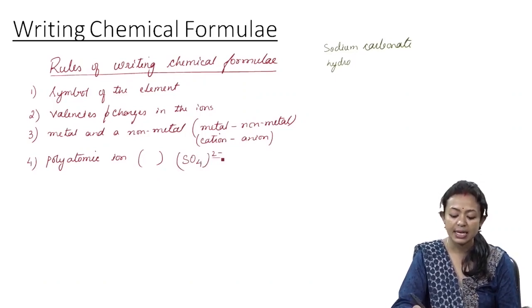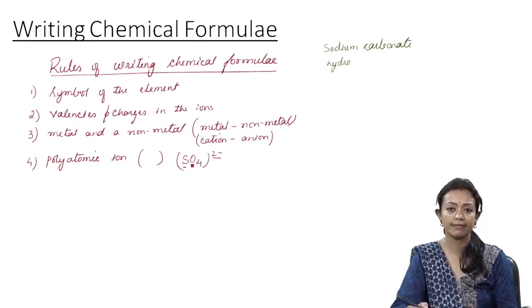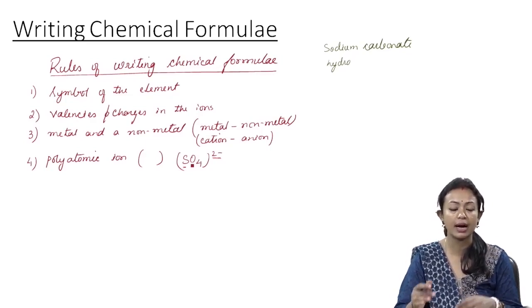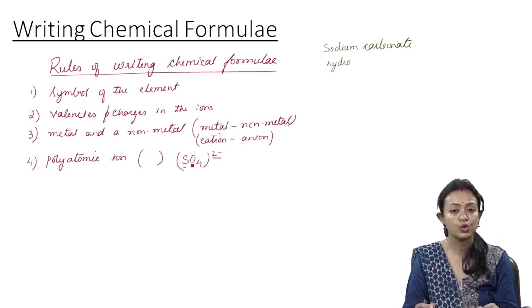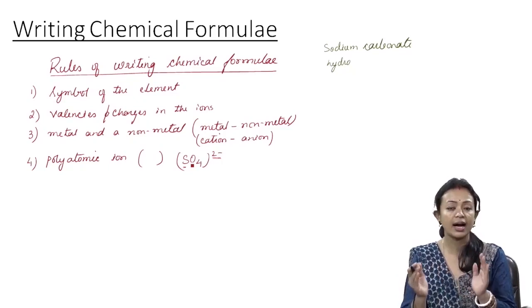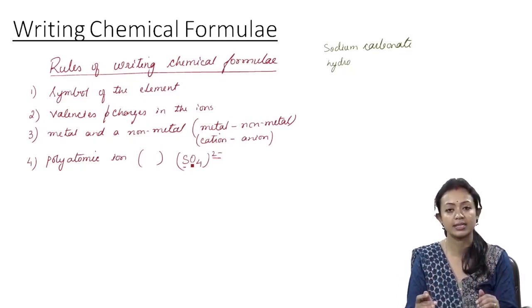That is, this charge is not only for oxygen but it is also for sulfur. So when I am writing it in a chemical formula, we have to make it a point that polyatomic ions are put inside the bracket to show that they are not individual atoms or ions, they are rather polyatomic ions.